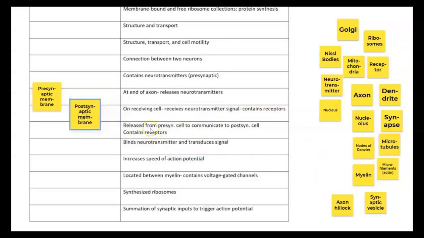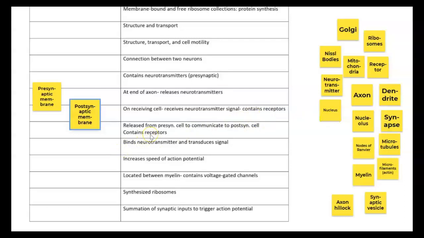And then the thing that is released from the presynaptic cell that is going to communicate to the postsynaptic cell, this is actually a typo. I don't know why I have contains receptors. I think I was just looking at this. Sorry, that's a typo. Cross that out. It doesn't belong there. So it does not contain receptors.